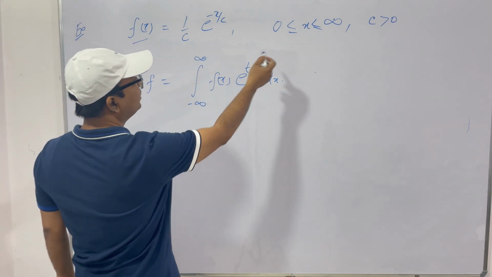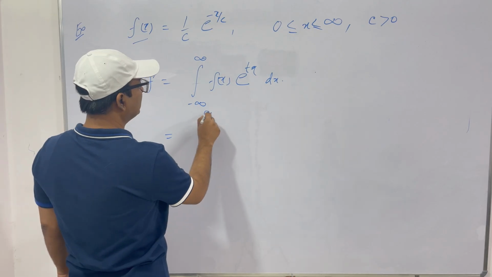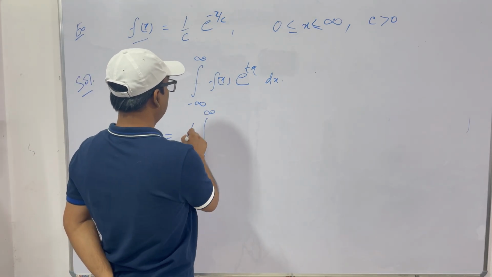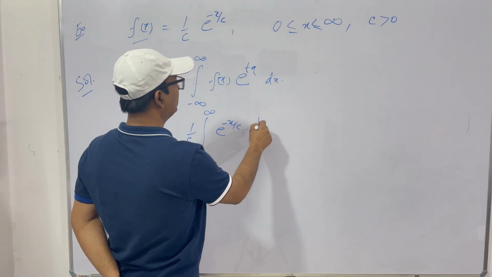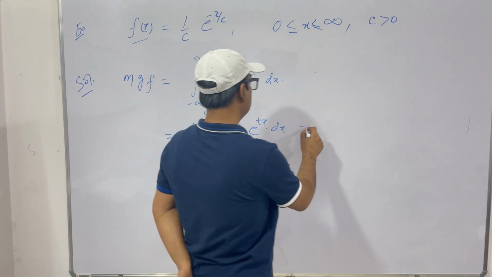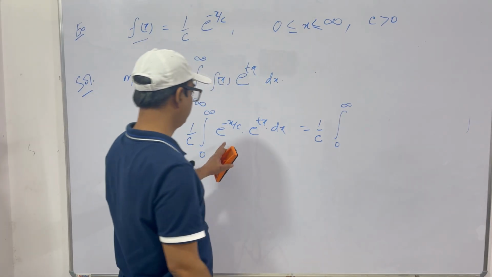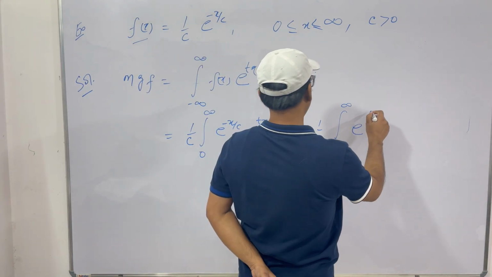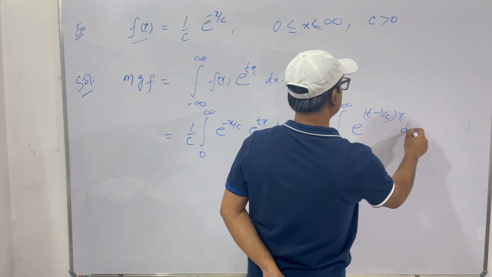Here, minus infinity to 0 is not defined; we have values from 0 to infinity only. So this will be 1 by c, I am taking it out, e to the power minus x by c into e to the power tx dx, from 0 to infinity. What is this? This is e to the power t minus 1 by c, x dx.